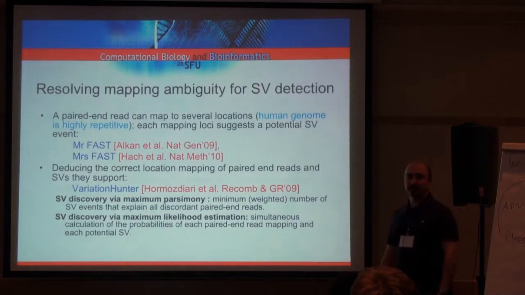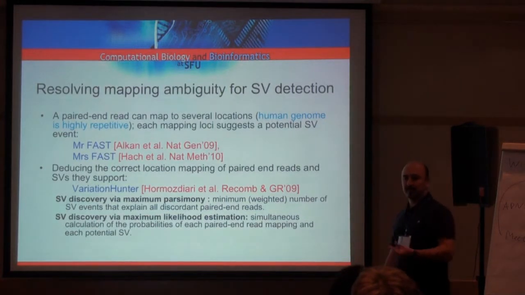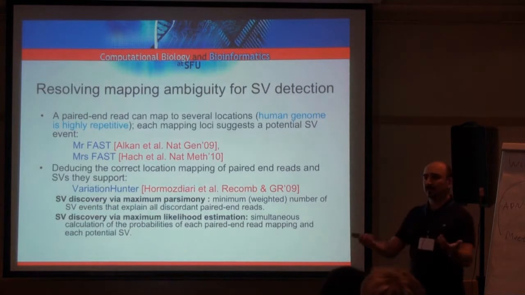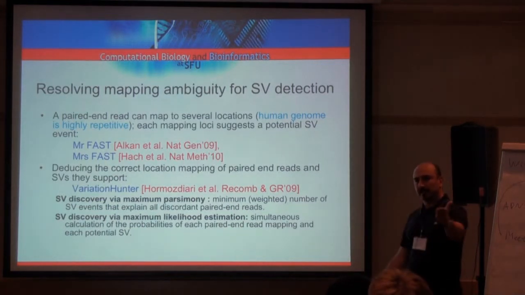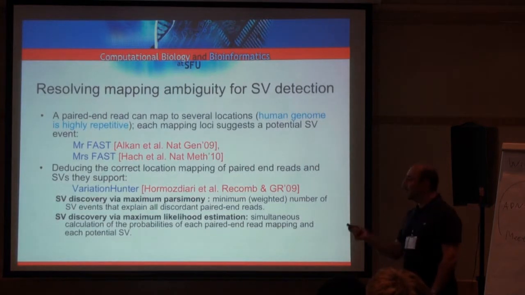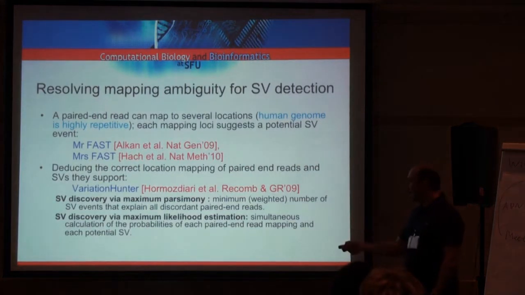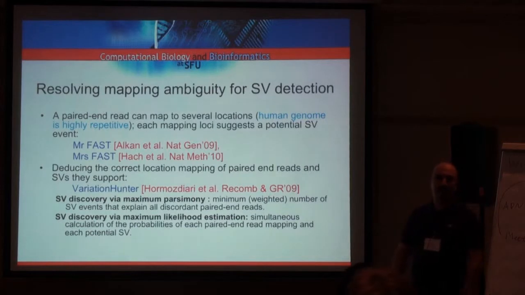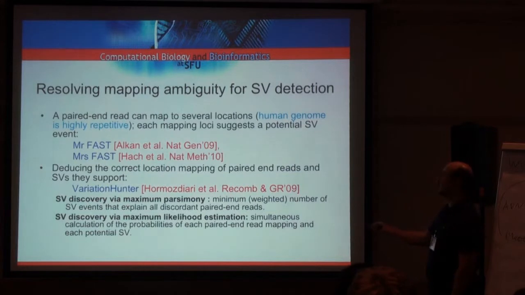If all mappings are discordant, then each such read implies a structural difference between the reference and the donor. And if there are multiple mapping loci, then we have a program called Variation Hunter to resolve the mapping ambiguity. And I'm going to first focus on the maximum parsimony-based structural variation discovery through Variation Hunter today.